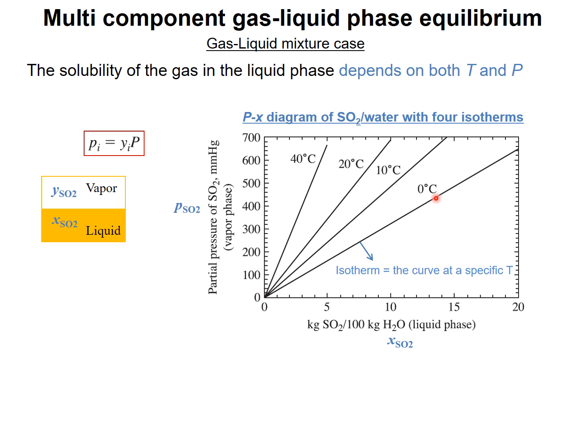When temperature goes up, the solubility of gas SO2 in water decreases. It means at higher temperature, the SO2 molecules dissolved in water are thermally more activated, so these molecules are trying to escape from the liquid into the vapor. So at higher temperature, you have lower solubility of SO2 in the liquid phase.